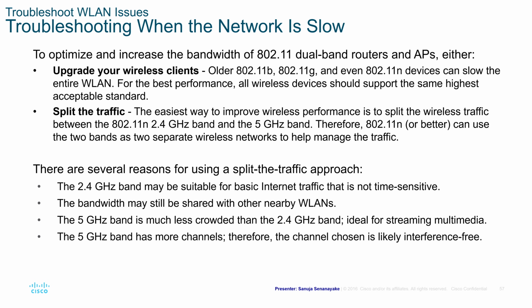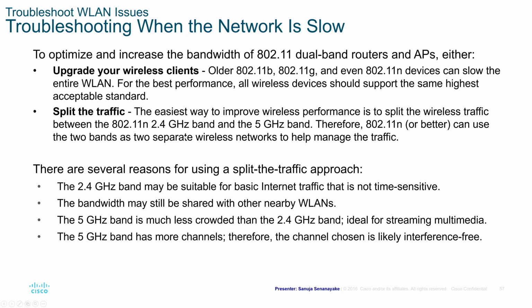For the best performance, it is always recommended to use wireless devices that support the highest acceptable standard. The best option you have is actually to upgrade your wireless clients, but that is not always possible. So the other option is to split the traffic.